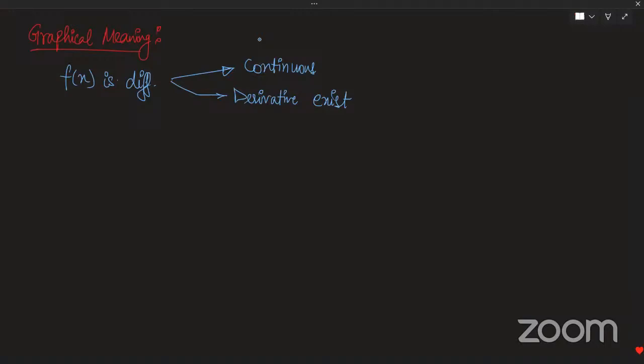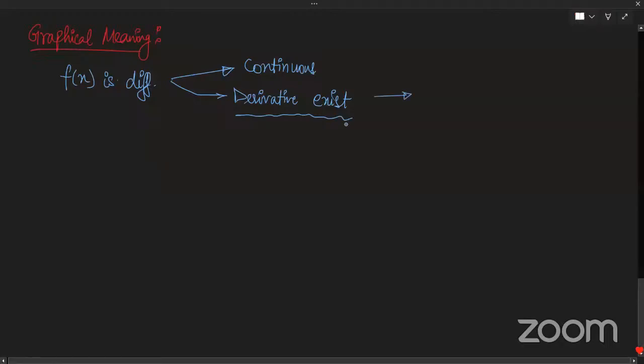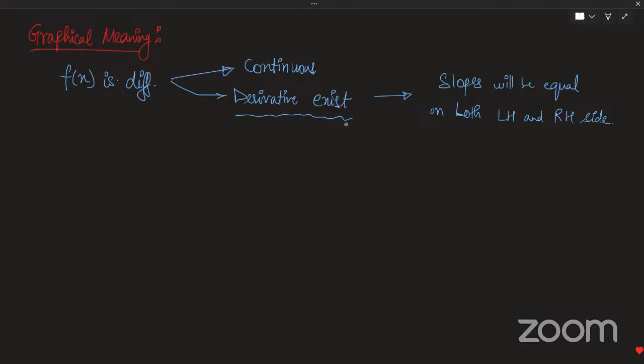But what is meant by the phrase derivative exists? The slopes will be equal at that point. Slopes should be equal on both the left side and the right side.